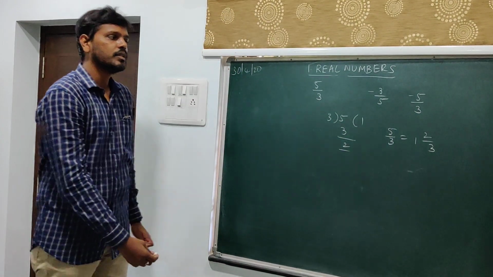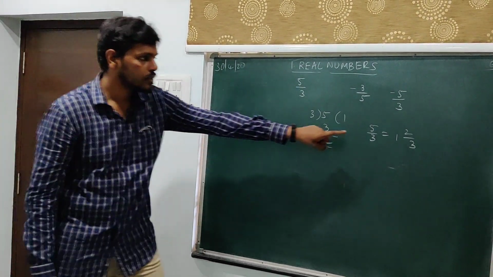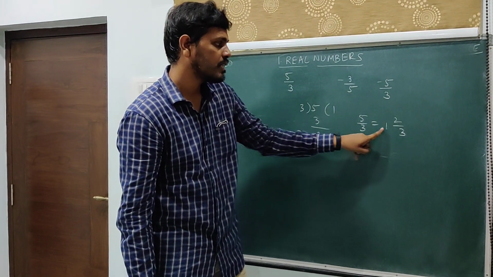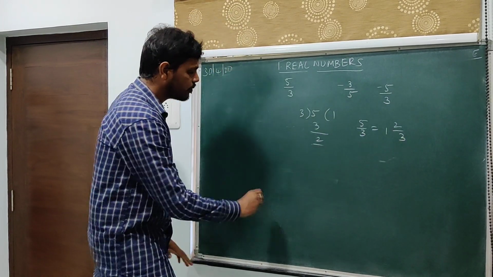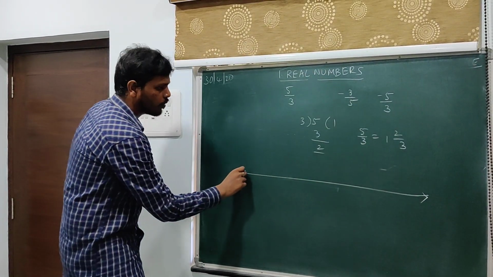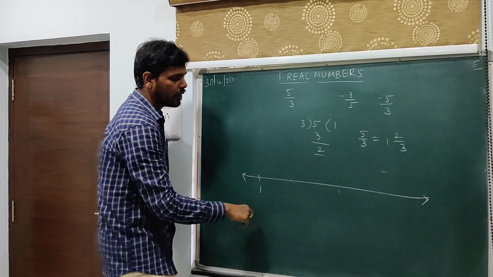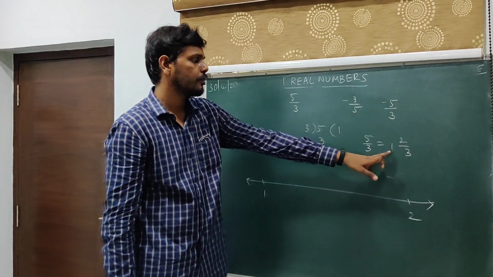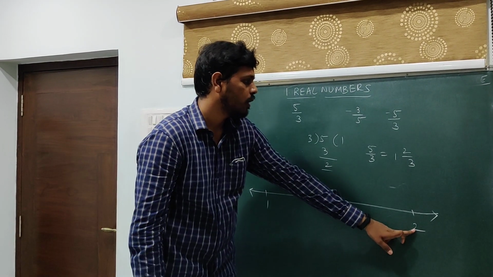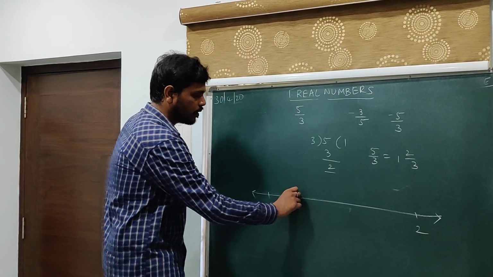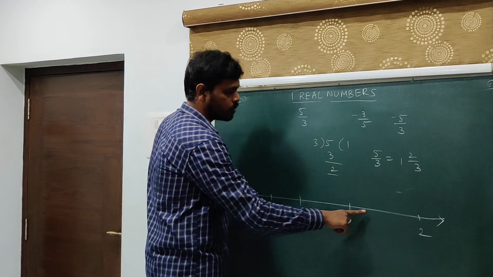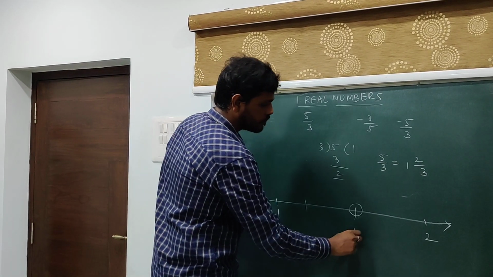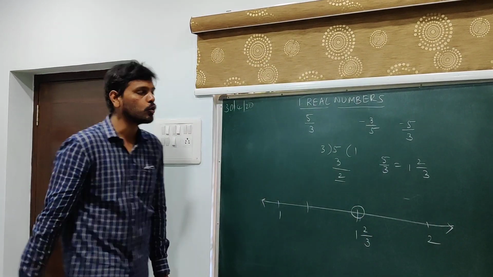So 5 by 3 is 1, 2 by 3. This tells you that 5 by 3 lies between 1 and 2. So straight away, you draw a number line. You start with 1 and end with 2, and divide the space between 1 and 2 into 3 equal parts, 1, 2, 3, out of which we need only 2 parts. So 1, 2. So this is 1, 2 by 3.